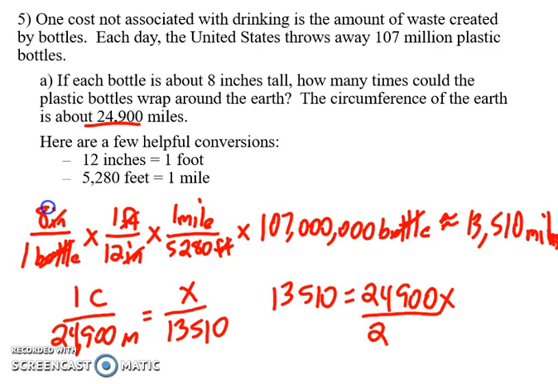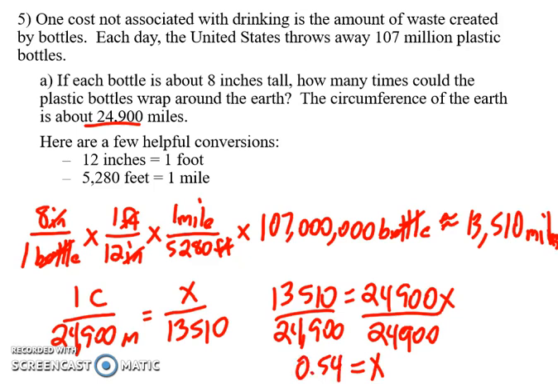So we're going to divide both sides by that circumference. And we get about 54 hundredths. Which means that we use enough plastic bottles to wrap halfway around the Earth in one day.